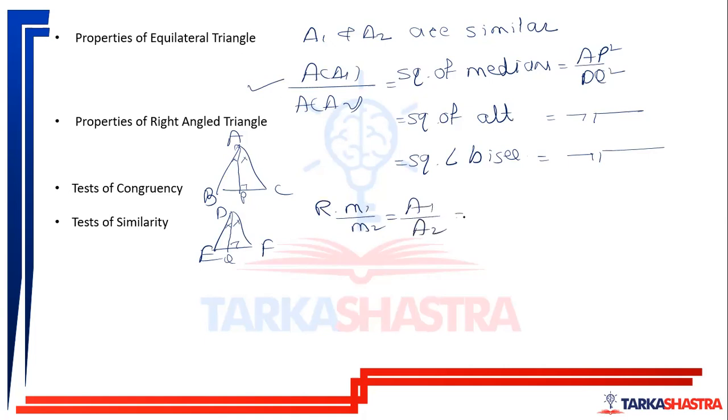Altitude 1 upon altitude 2 is equal to the ratio of internal bisectors, ratio of angle bisector 1 upon angle bisector of triangle 2, is equal to the ratio of corresponding sides. जैसे AB upon DE equal to median 1 upon median 2 equal to AP upon DQ equal to angle bisector 1 upon angle bisector 2 equal to altitude 1 upon altitude 2.